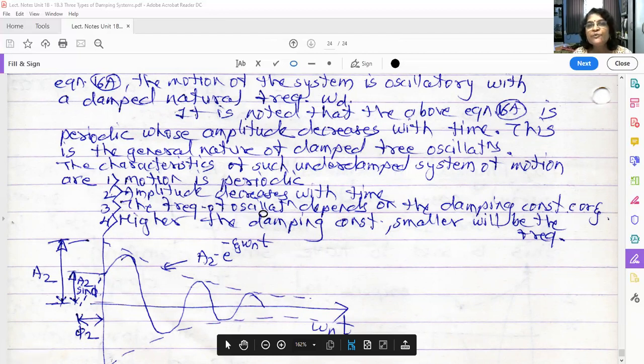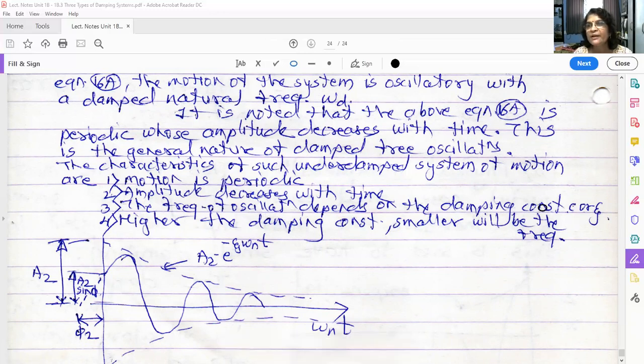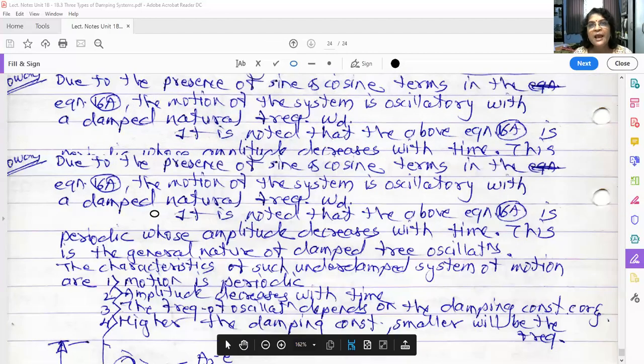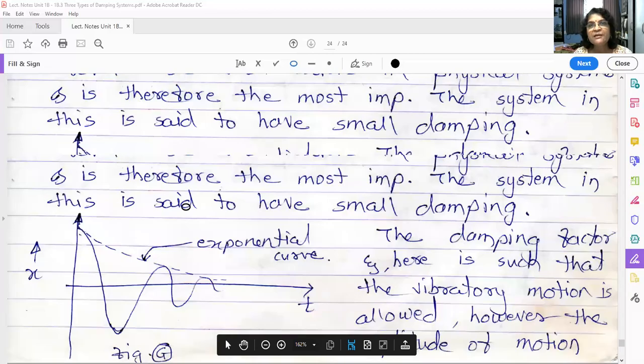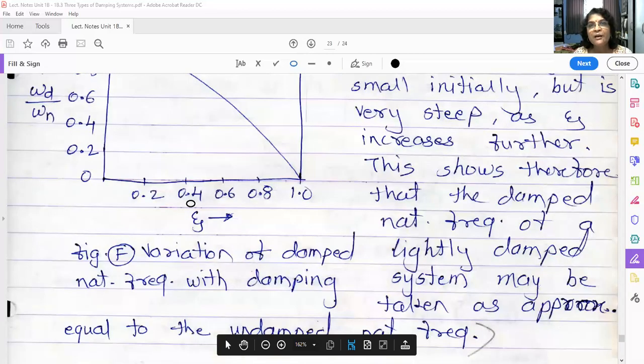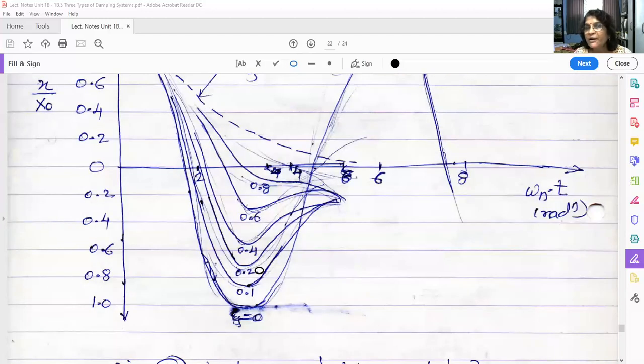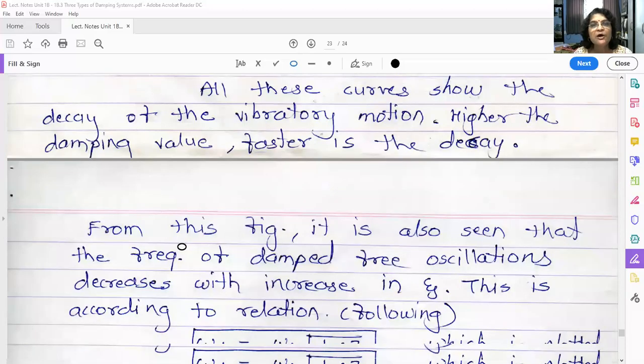The frequency of oscillation depends on the damping constant or damping factor zeta or c. We have seen this in this graph. As the value of zeta is different, the amount of reduction in amplitude is also different. So this was the third observation.